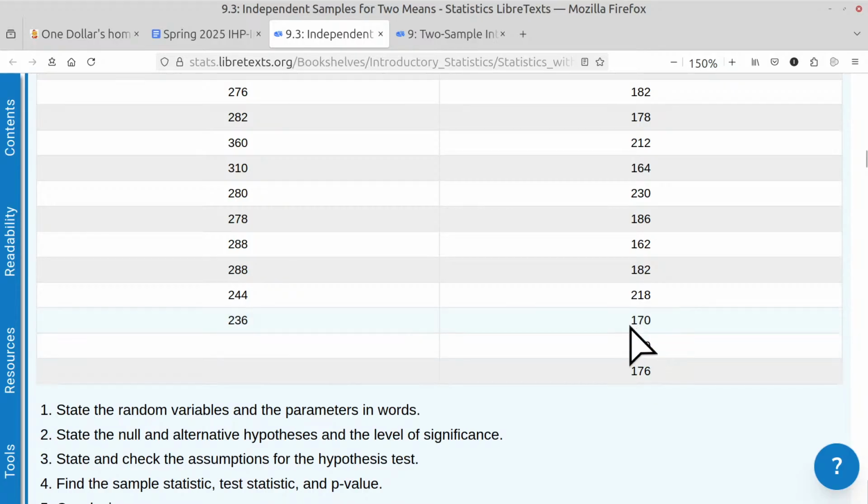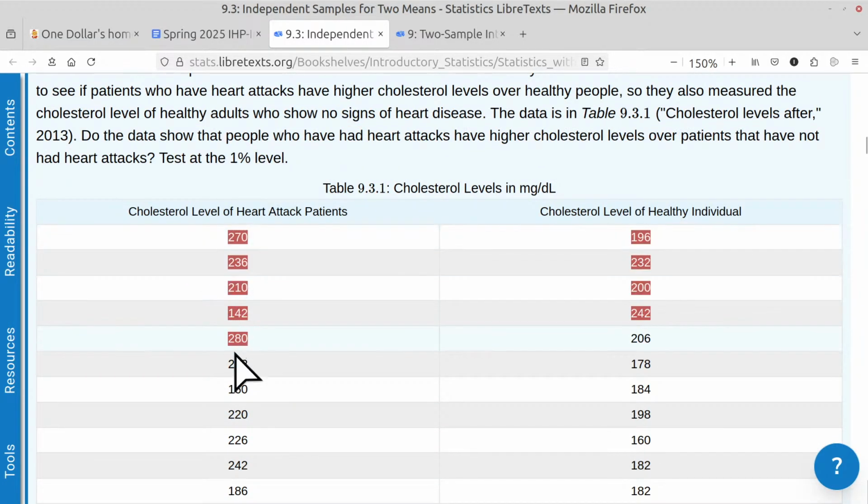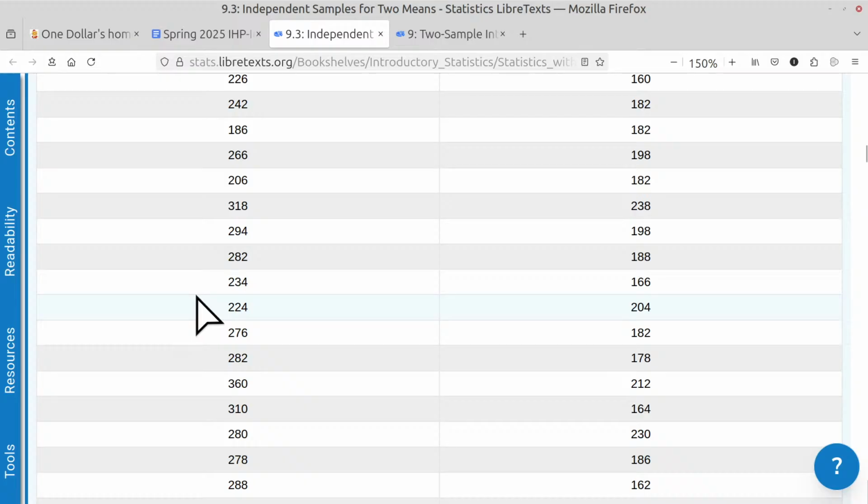Roughly, we can check the numbers here. From the left column, generally speaking, more numbers are over 200.